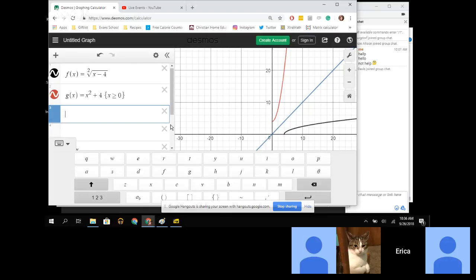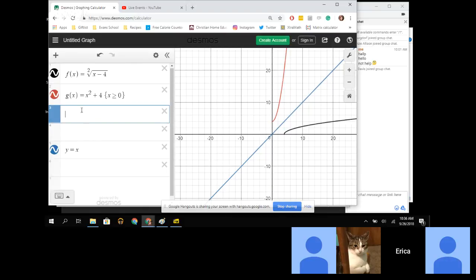There we go, I got it to do it. So g of x is only valid as an inverse when x is greater than or equal to 0, and this restriction on our g of x is what makes it able to be an inverse of the function.